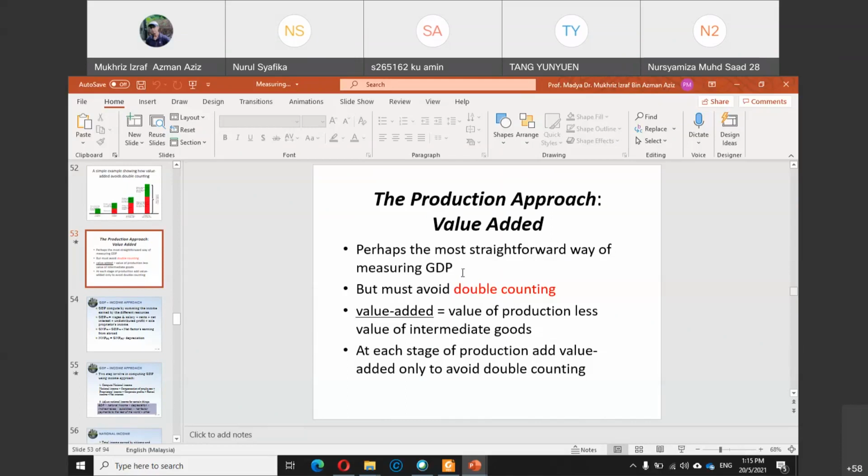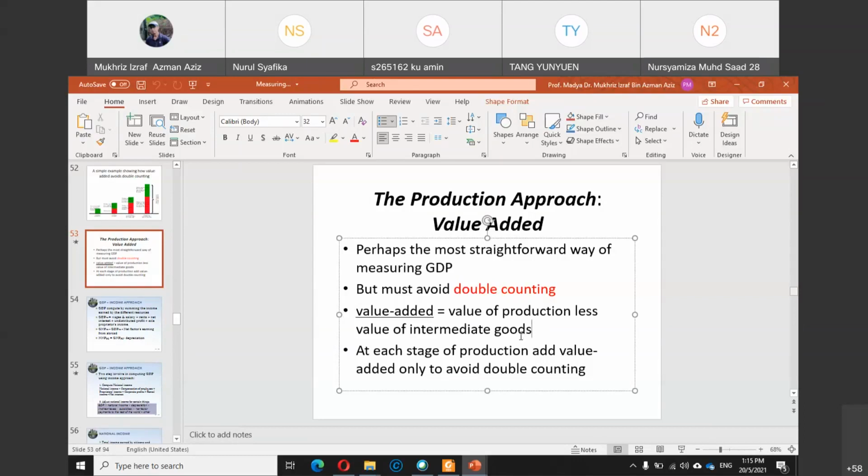The main thing that you need to know is the issue of double counting. So what are the components that you cannot count twice, especially the intermediate goods. I give the example of the tire.